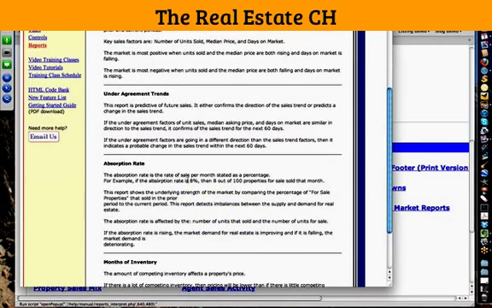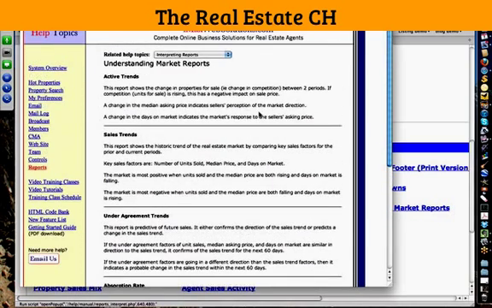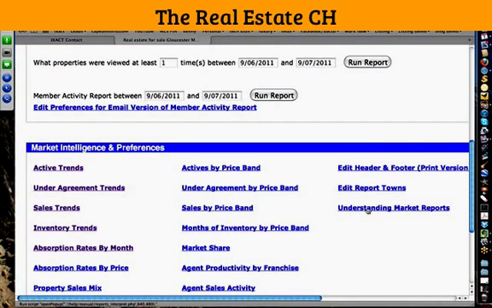Absorption rate is the rate of sale per month stated as a percentage. Now that's what I just told you. For example, if it's 8%, that means that 8 out of 100 properties for sale sold that month. So you can go to the help section of your site and click on Understanding Market Reports and get a nice, concise spiel to use for each report.